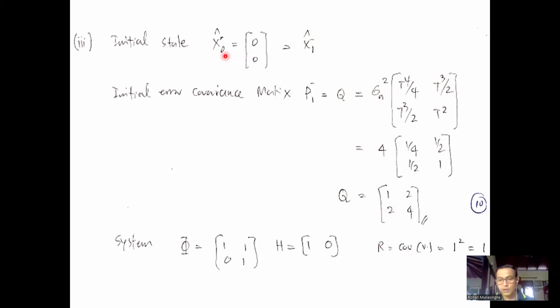So we start the Kalman filter with 0, 0. And I also assume the same value for x hat 1, that is time step 1, because I don't have any information to say anything otherwise.